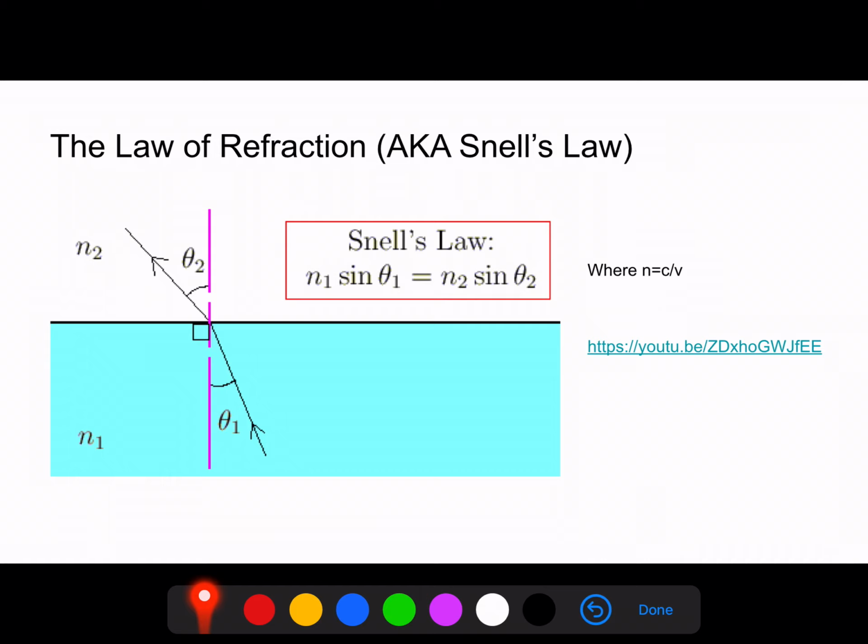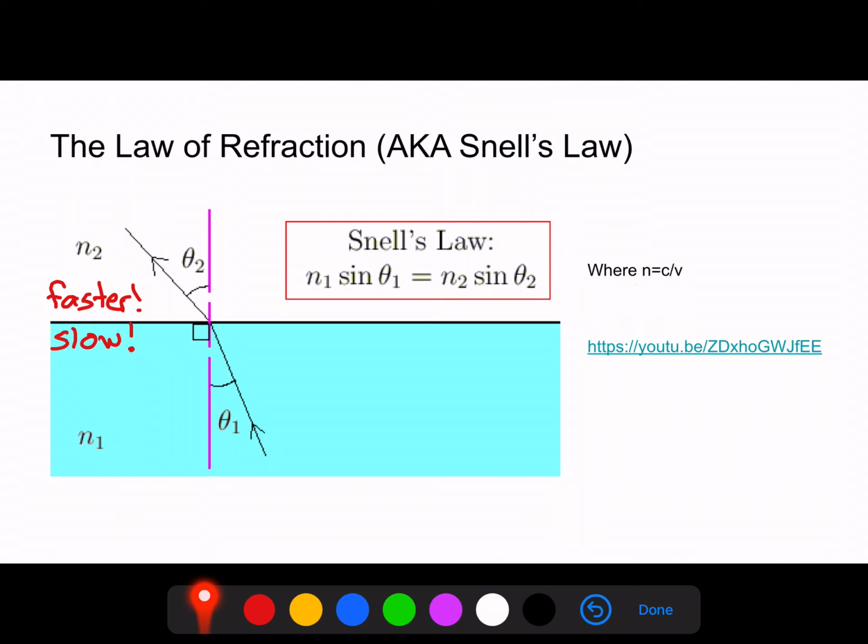If you are moving from a substance in which the speed of light has to slow down a lot to a substance where the speed of light can take place a little faster, then what's going to happen to your indices of refraction on the left side versus the right side of the equation?